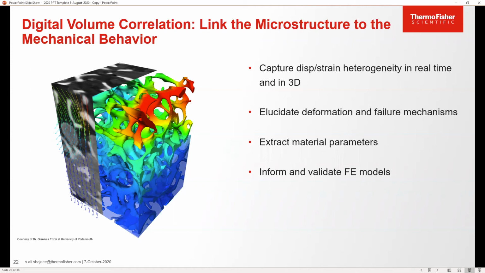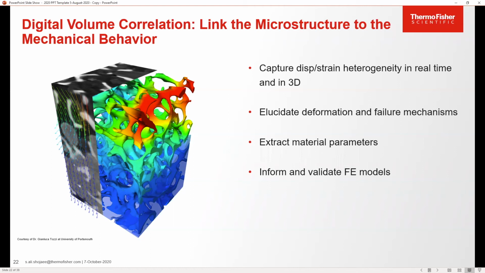You can track the displacement, and you can generate a 3D strain tensor out of just the two images that you have. This gives you a lot of information about the failure mechanism and the material behavior that you have.